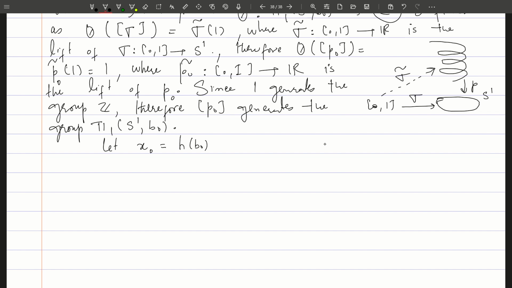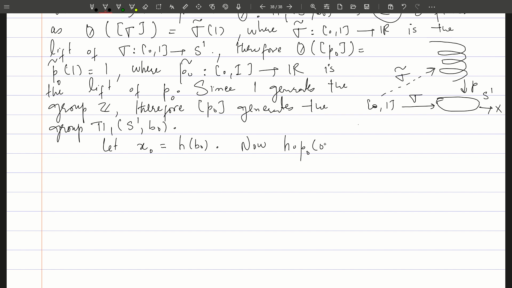One can note here this h is a map from S1 to X, so h of B naught will lie inside X. Now h composite p naught: p naught is from the interval 0 1 to S1, and h is a map from S1 to X, so this h composite p naught will be a map from 0 1 to X.